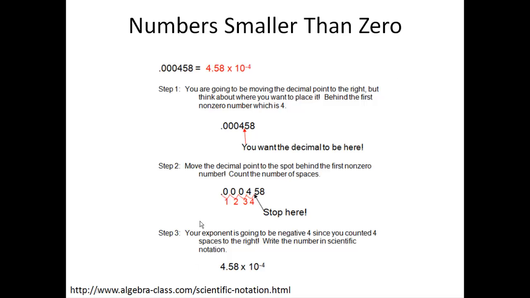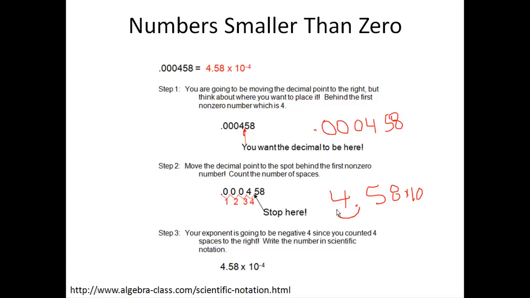So as you can see here, you wrote the number. Actually, I'll do it over here to the side. 0.000458 is our number. I'm going to rewrite that: 4.58 times 10. Now let's go figure out what that is.